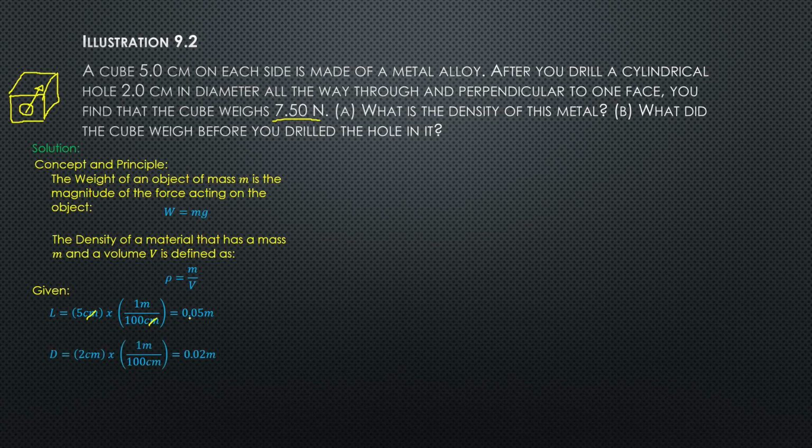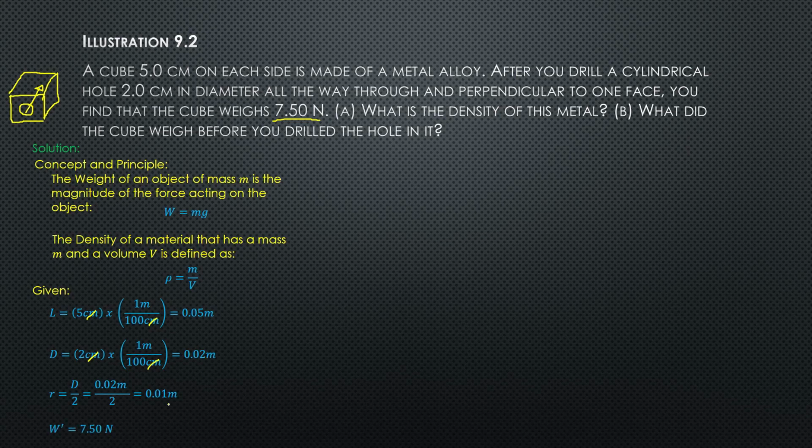So the diameter of the hole, 2 centimeters, converting that to meters, similar procedure, that gives you 0.02 meters. And the radius of the hole is diameter divided by 2, so that gives you 0.02 meters divided by 2, and that gives you 0.01 meter.